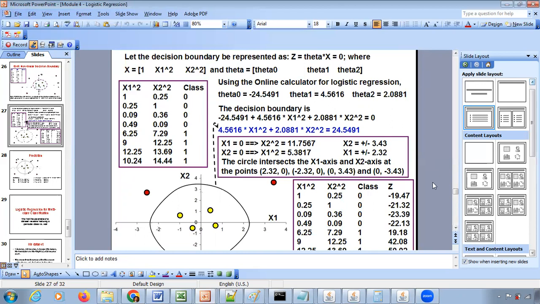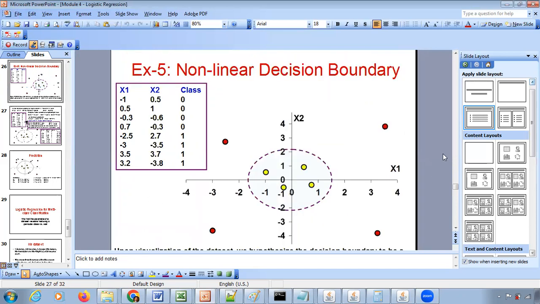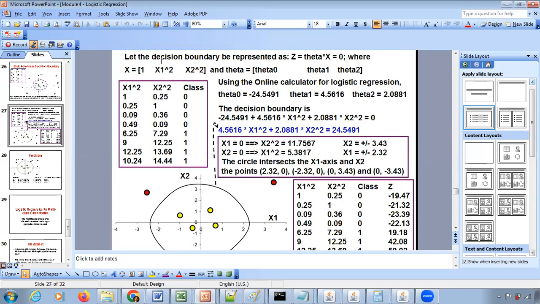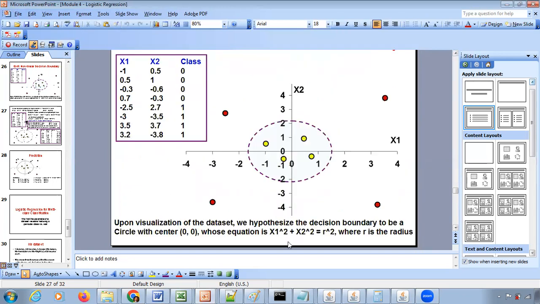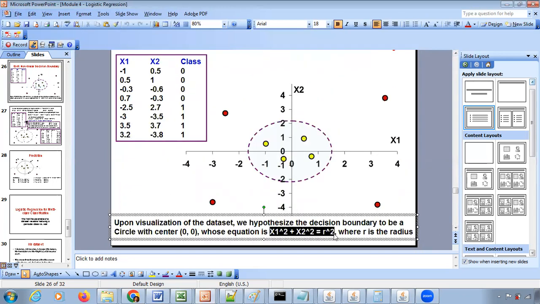So that is a non-linear decision boundary. So instead of x1, x2, we used x1 square and x2 square. The equation of a circle is x1 square plus x2 square equals radius square.